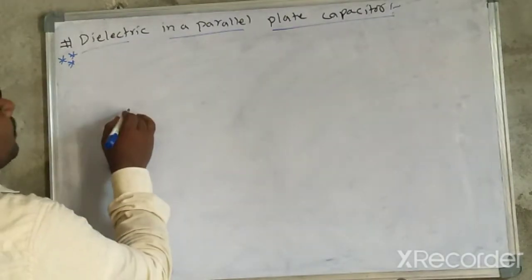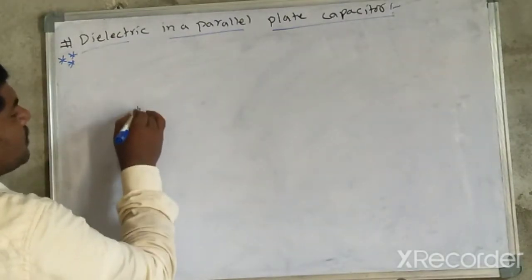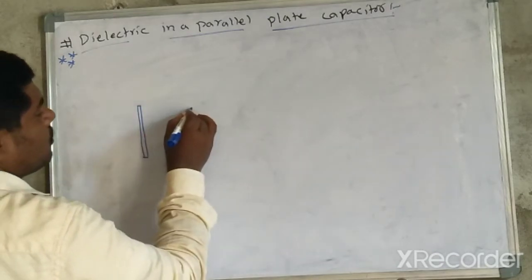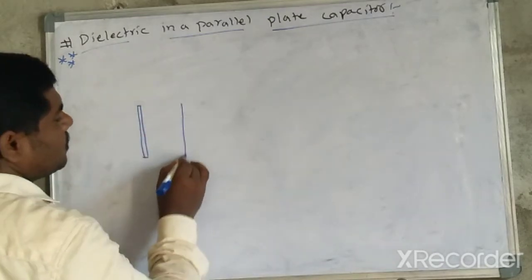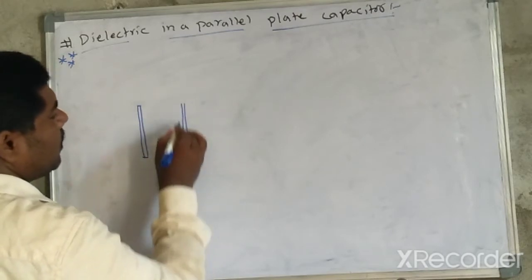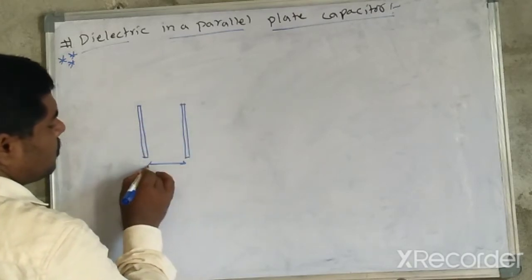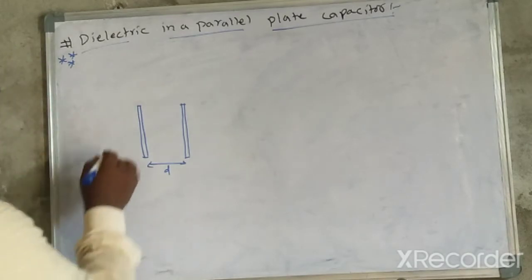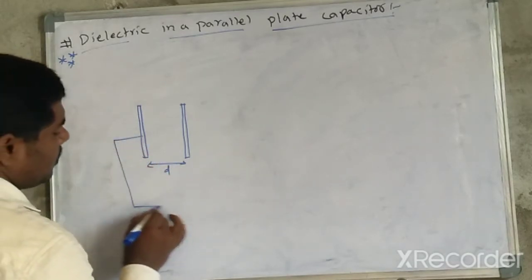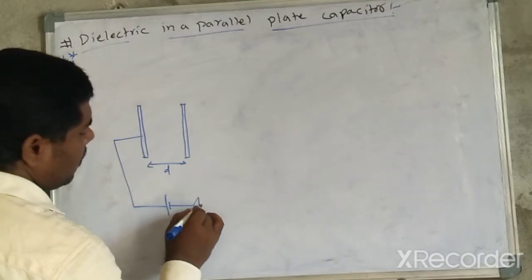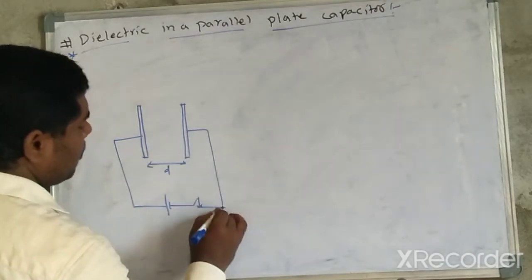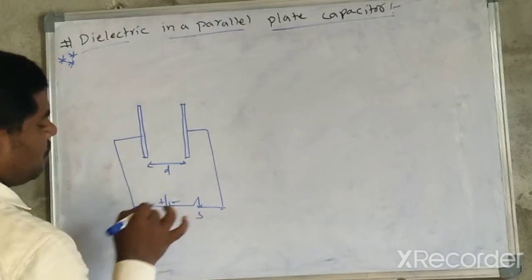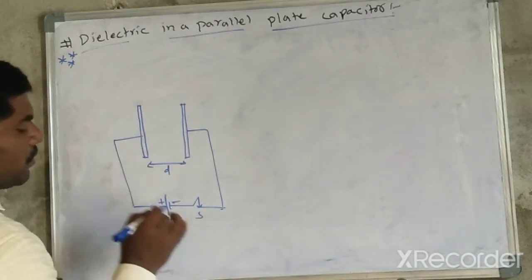Here I am going to take two parallel plates separated by a distance d. The left plate is connected to the battery positive and the right plate to the battery negative through a switch. Here the potential is V.